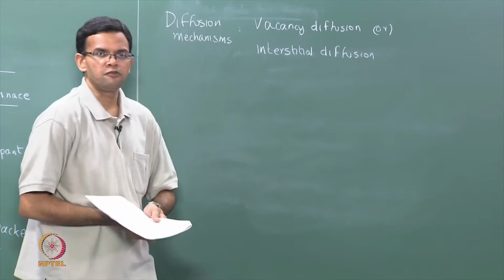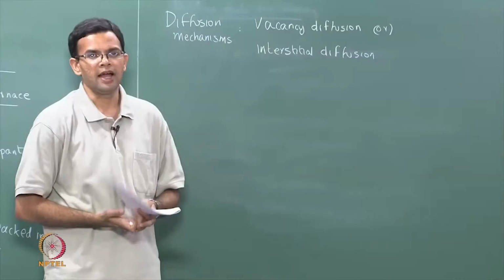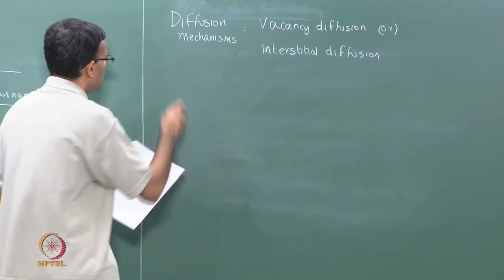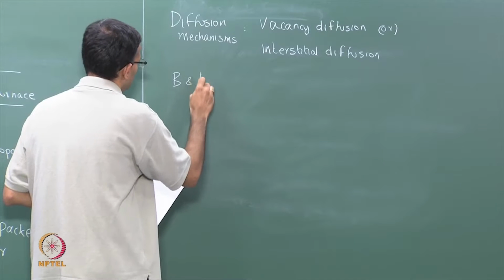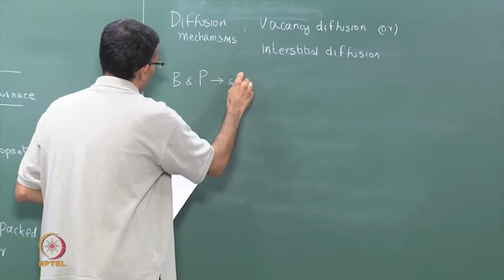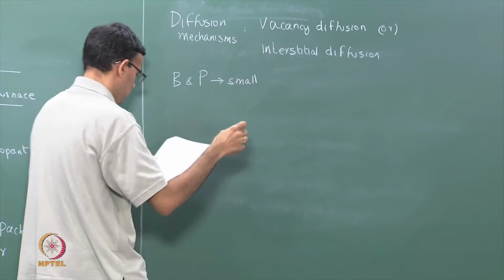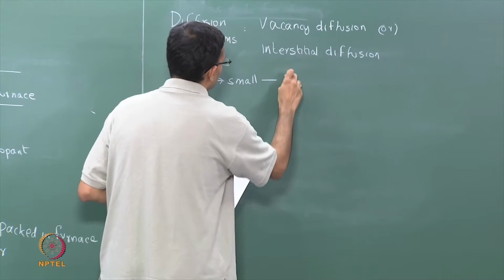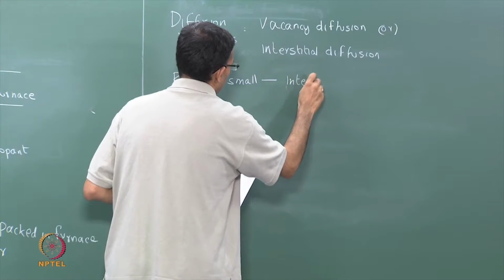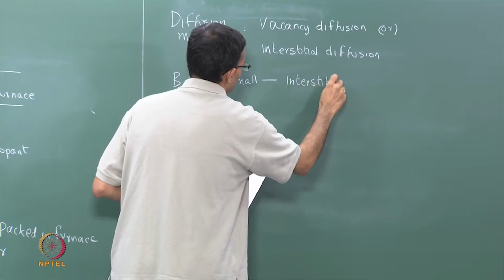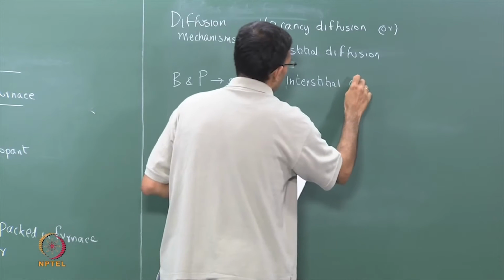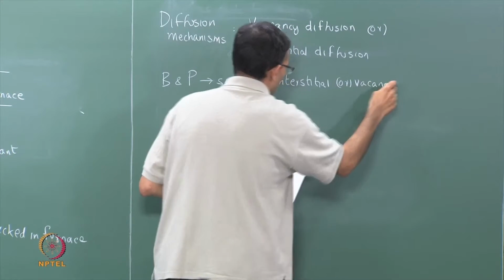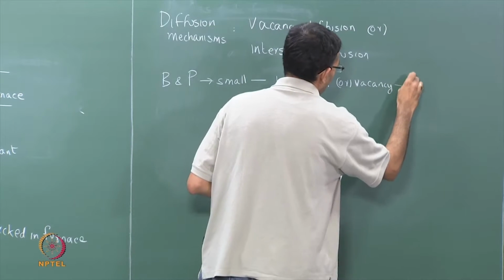So, boron and phosphorus are essentially small atoms, so they can diffuse by an interstitial mechanism or by vacancy. So, this is some sort of a dual mechanism.